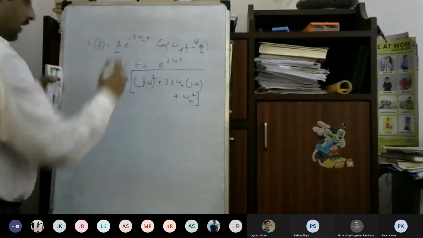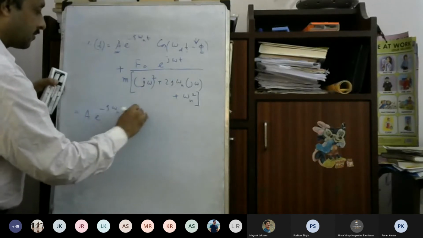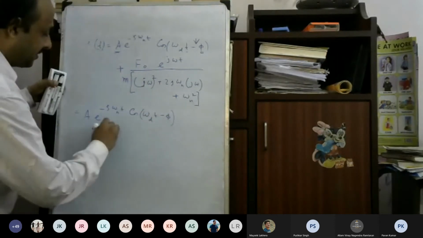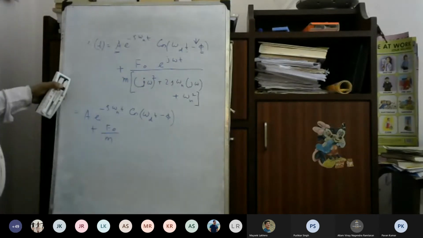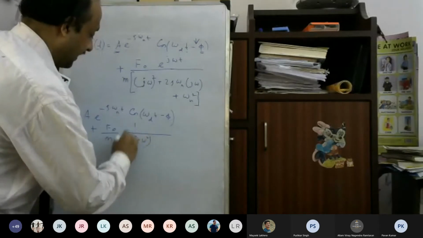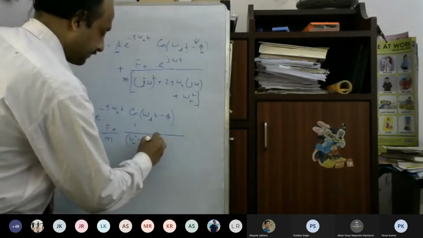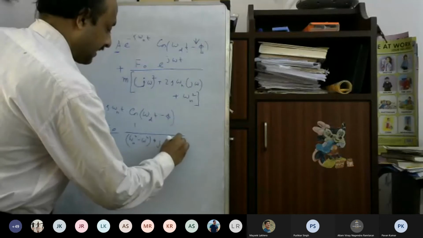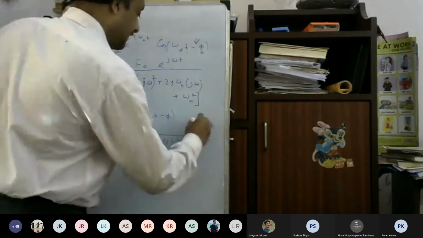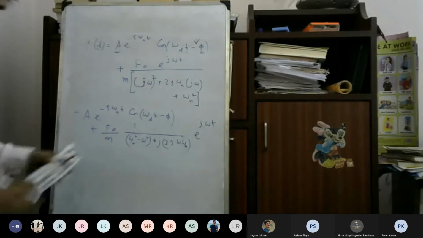So what we have here is A e to the power minus zeta omega n t cosine(omega d t minus phi), and here f naught divided by m times 1 divided by (omega n square minus omega square plus j times 2 zeta omega n omega), and here e to the power j omega t.